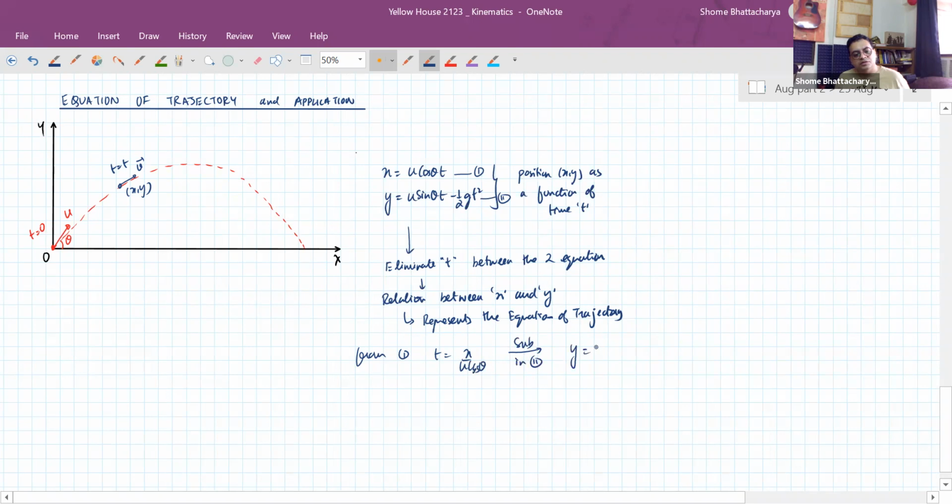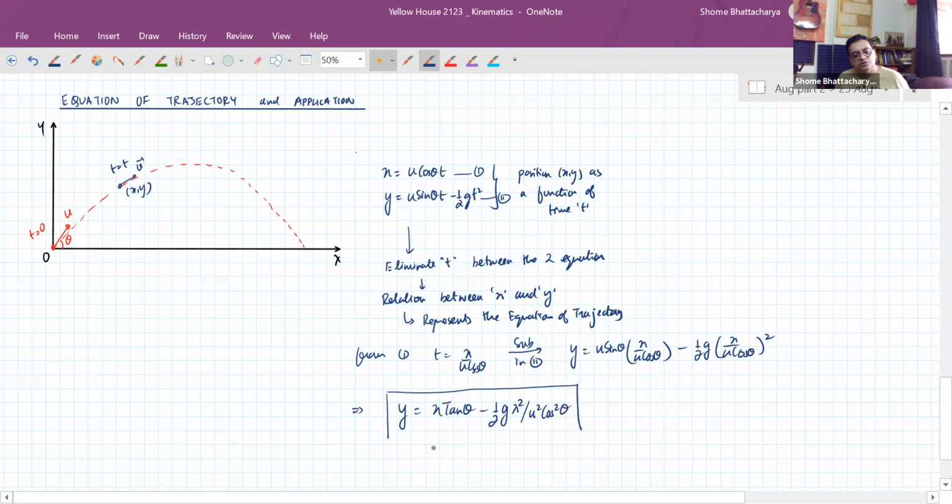So y becomes u sin theta into t. Okay, so we get the relation that y is equal to x tan theta minus half gx square upon u square cos square theta. So this equation actually becomes our equation of trajectory.